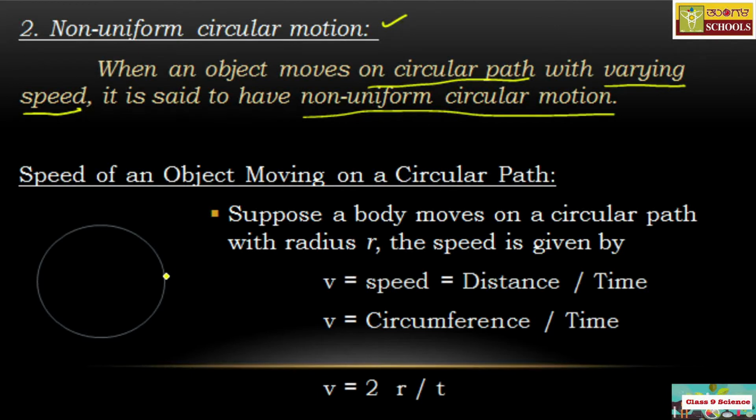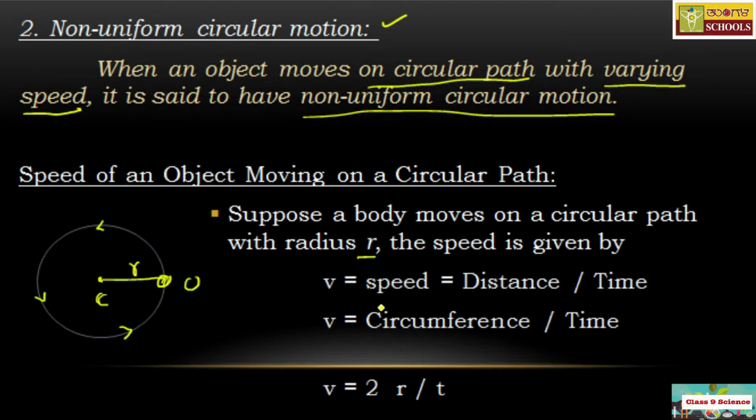So this will be the object O, which is moving in a circular path like this, and this will be the center, that is C. So this is nothing but the radius of the track or circular path, R. So suppose a body moves on a circular path with a radius R. The speed of the object is given by V.